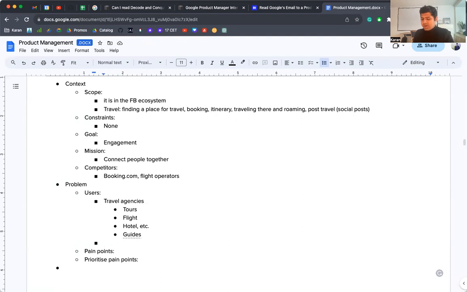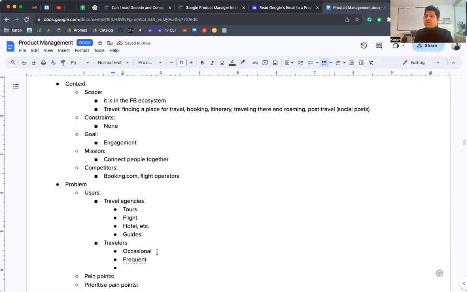Now there is the demand side of it, the ones that are going to travel. And here there could be different types of people based on frequency who travel. One would be, let's say, occasional travelers, and then the other segment could be frequent travelers.